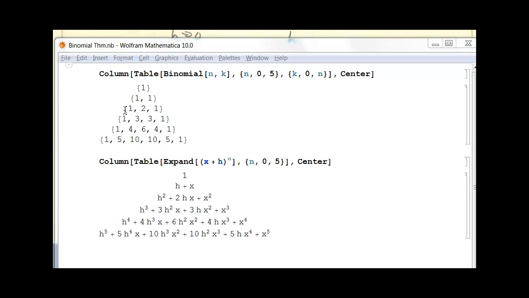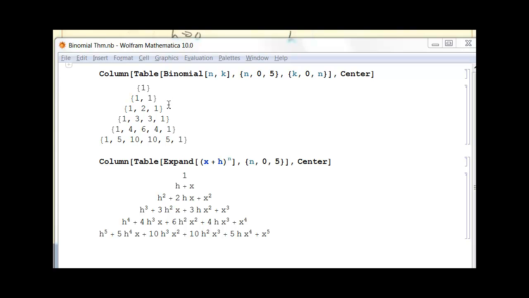Right, 1, 1, 1, 1, 2, 1, 1 and 2 is 3, 2 and 1 is 3, and 1. If this is not familiar to you, ask one of your instructors. 1 and 3 is 4, 3 and 3 is 6, 3 and 1 is 4, and these turn out to be the coefficients when you expand a binomial.